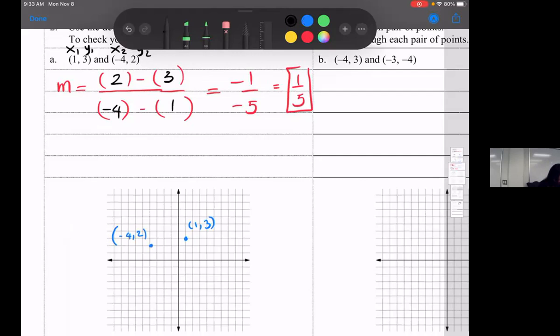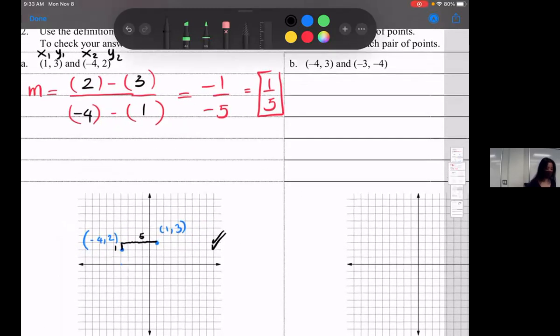You do what first? You rise first, right? In this case, we rise up. How many units? 1. And you go over 1, 2, 3, 4, 5 units. So the slope is 1/5. Check, right? So basically, you do your math with algebra, and then you check again with the picture by doing rise over run.